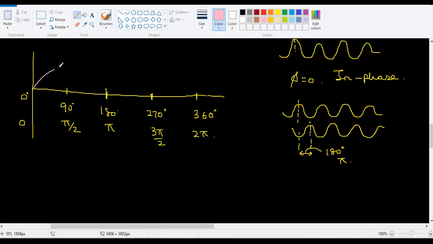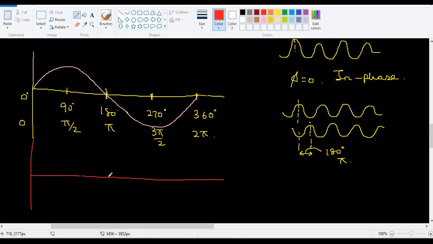So the first wave, if I were to draw it like this, the second wave I would draw it something like this, like your displacement and acceleration in the previous chapter.